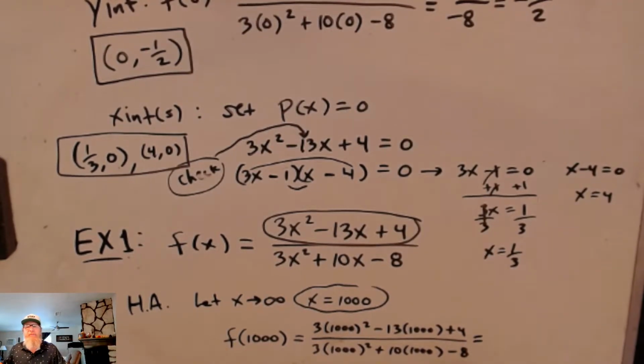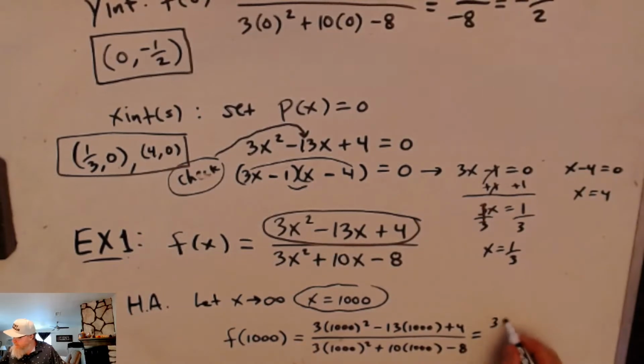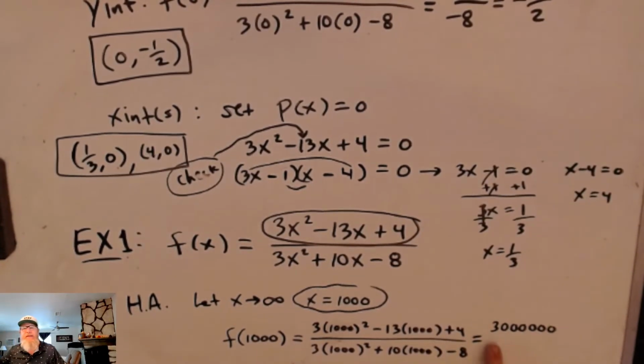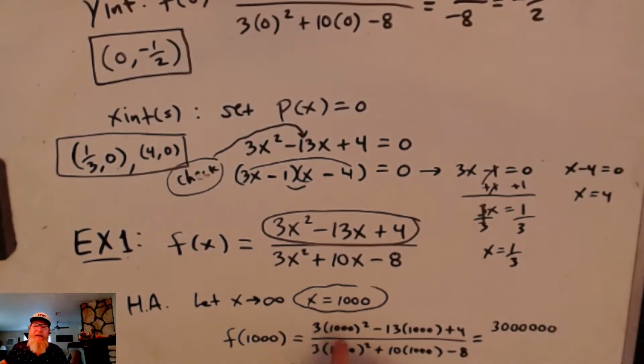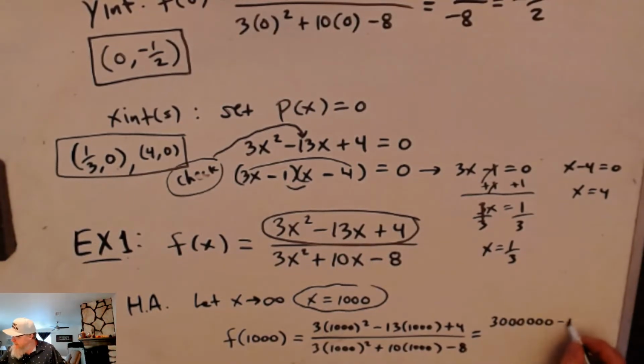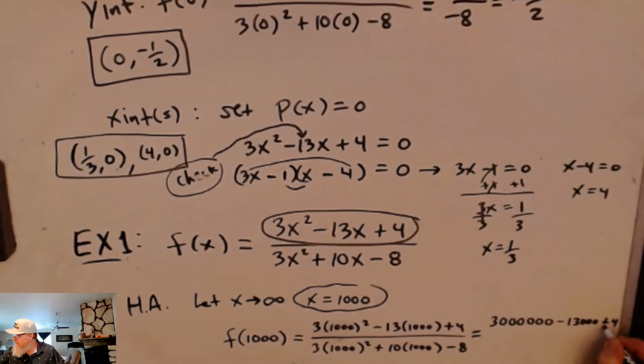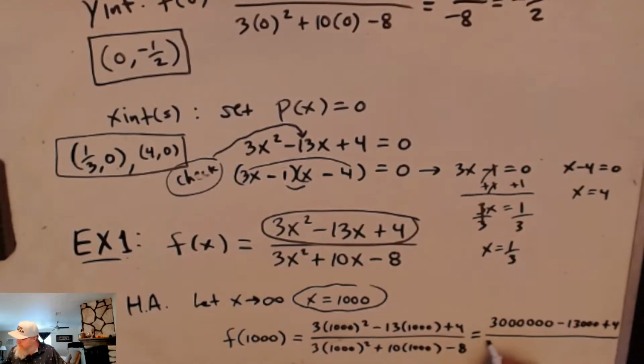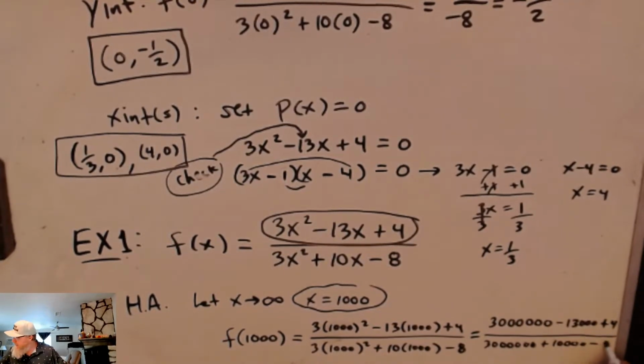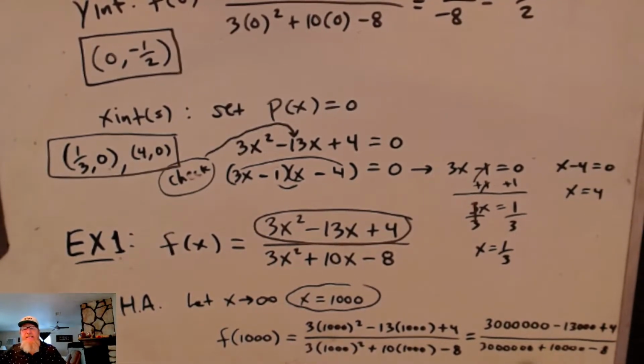All right, well, 1,000 squared is 1,000,000, so that's going to be 3 million. 1,000 times 1,000 is 1,000,000. That's what 1,000,000 really is, 1,000 thousands. And then it's going to be minus 13,000, and then plus 4. And the bottom, similarly, that'll be 3 million plus 10,000 minus 8. Well, again, as I mentioned before, these smaller numbers, 13,000 and plus 4 and 10,000 and minus 8, they're insignificant compared to the leading term.